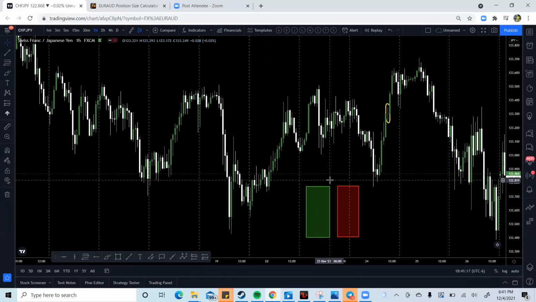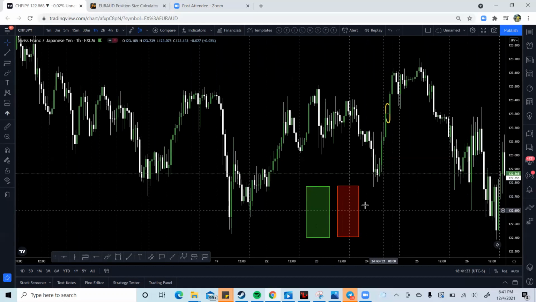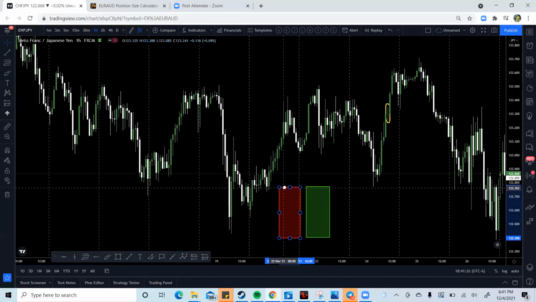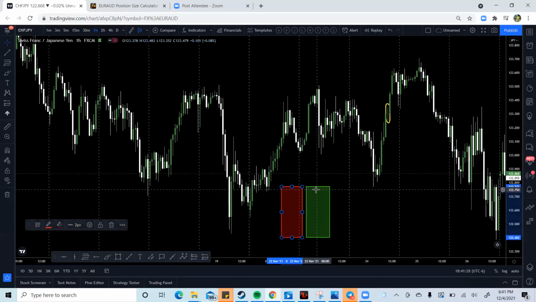So when it comes to the railroad pattern, that's what you're looking for in the bearish sense. And in the bullish sense, it's just reversed: a bearish candle first, a bullish candle after.